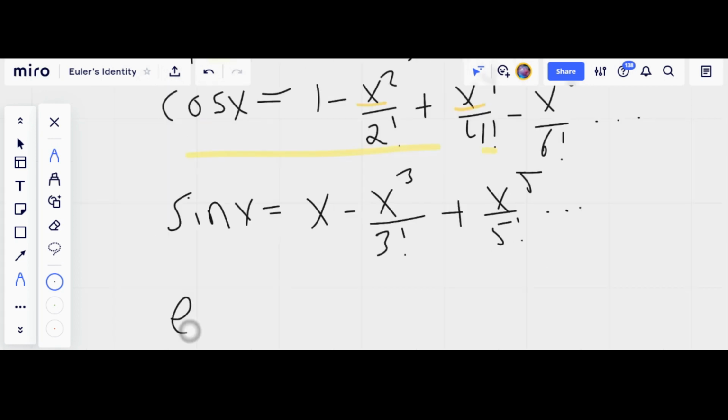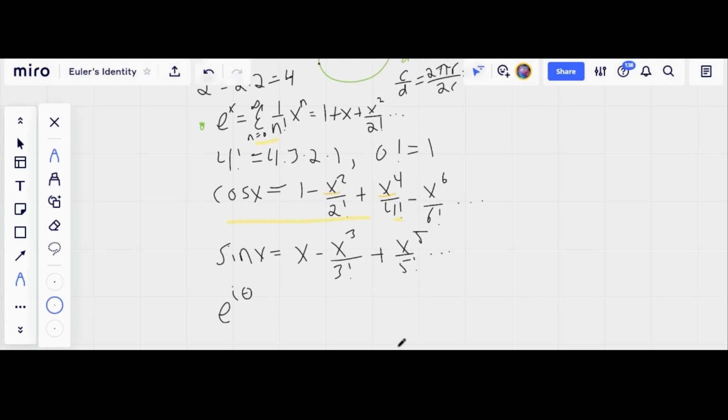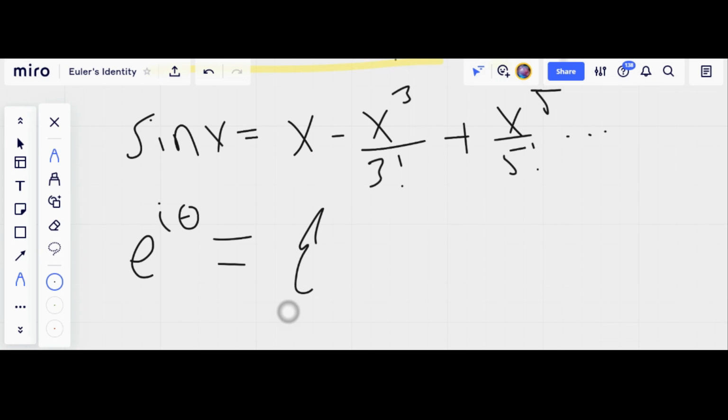We're going to take e to the i theta, okay? And we're essentially going to use this equation from up here, and we're basically just going to substitute i theta for x. So we're going to have the sum from n equals 0 to infinity of 1 over n factorial times i theta to the nth.